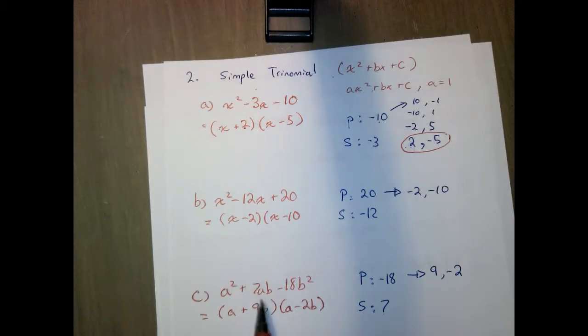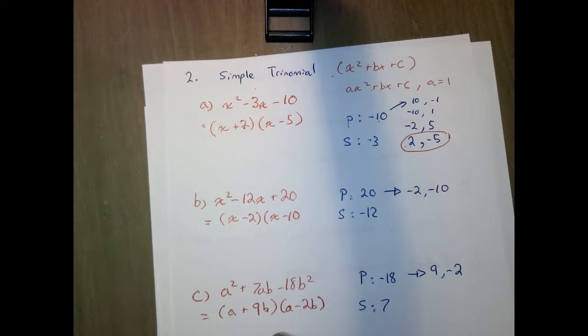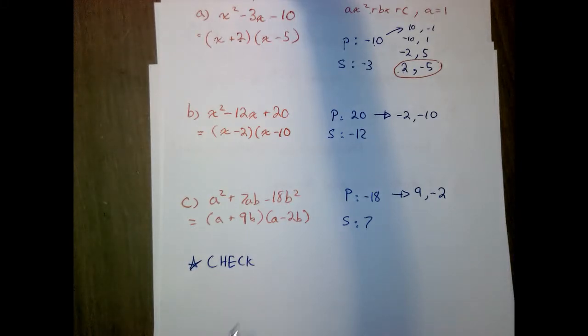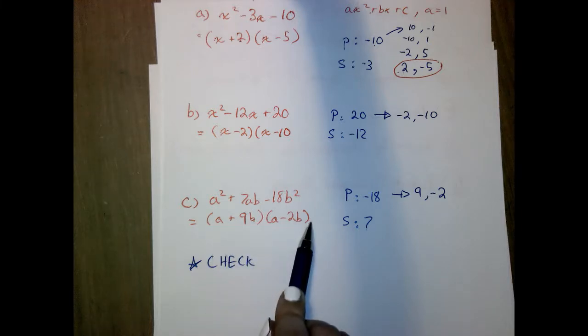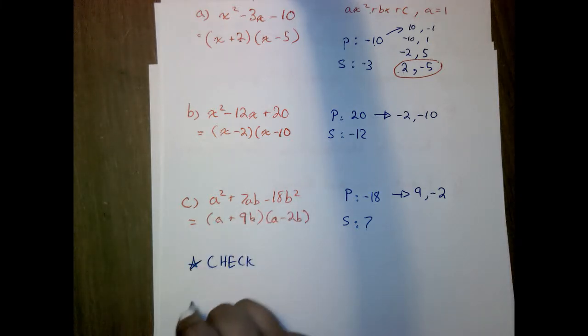And the reason why I need to add this b in there is, let's just check. We're going to check this one by expanding out again. If I check to see if this factored form is actually equal to my trinomial, I can use my FOIL method.